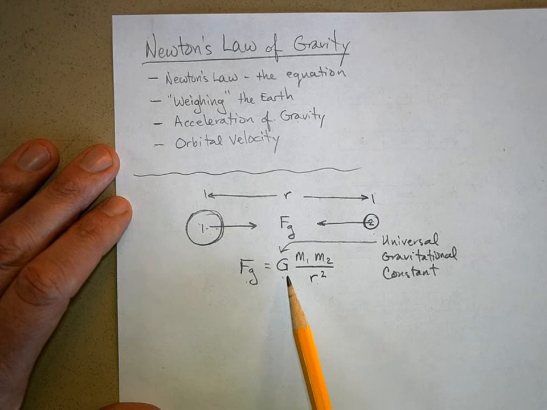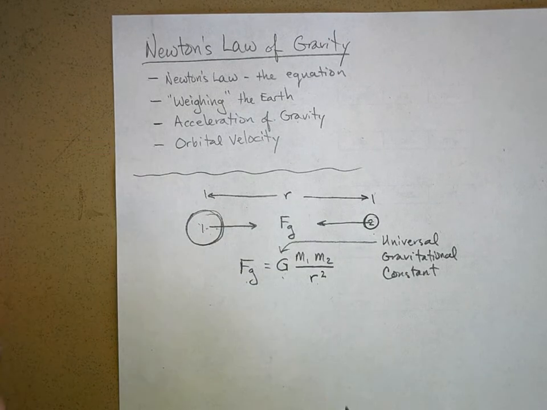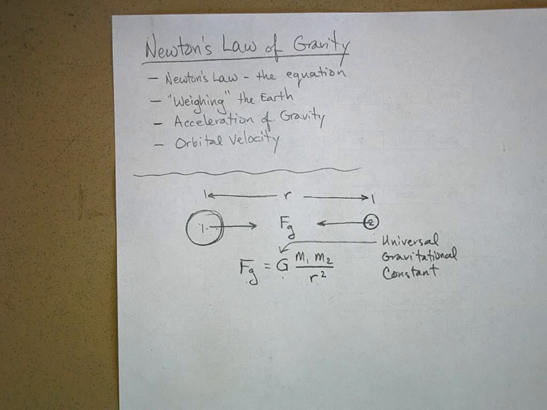But what is a constant of nature? Well, it's a property of our universe. You've dealt with some constants of nature before in chemistry, like the mass of a proton. It's the same for all protons. That's a constant of nature. The charge on an electron is a constant of nature.